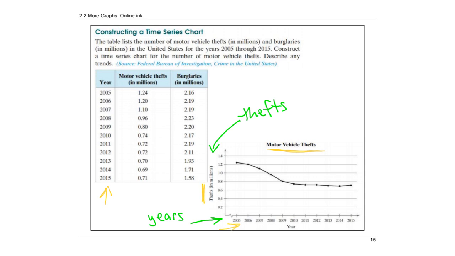On the vertical axis, we have the number of thefts in millions. And this is a nice, it says time series, but this is like a line graph. And so this is nice because you can see that the thefts are going down. They kind of flattened out, not quite sure why. And maybe they need to work a little more and try to get that down a little more, but it's a good visual.